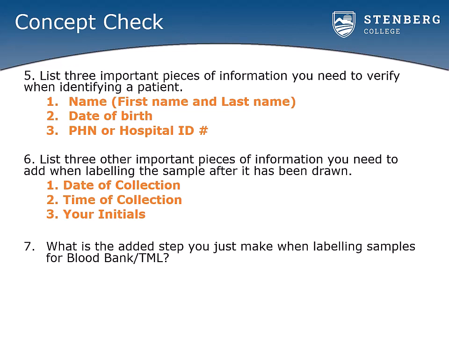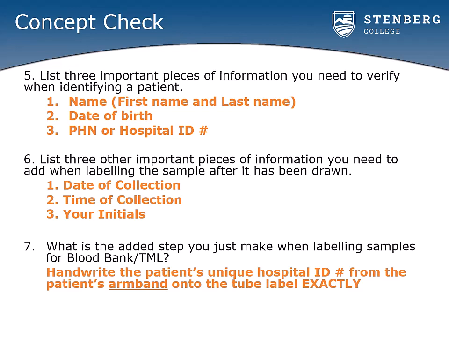What is the added step you must make when labeling samples for blood bank or TML? The answer is that you must handwrite the patient's unique hospital number from the patient's armband onto the tube exactly, letter for letter, number for number, before leaving the patient's bedside.